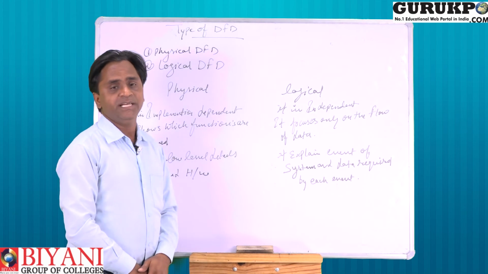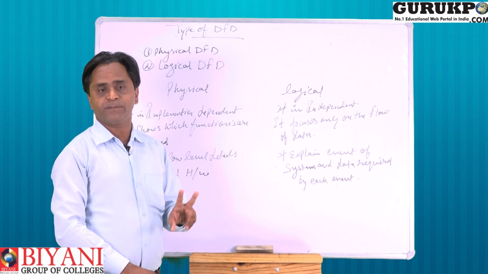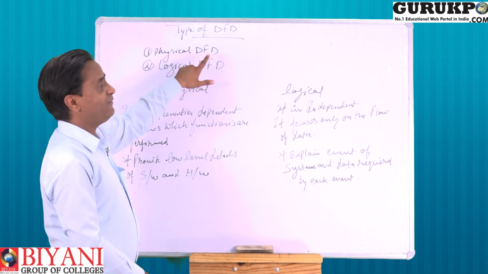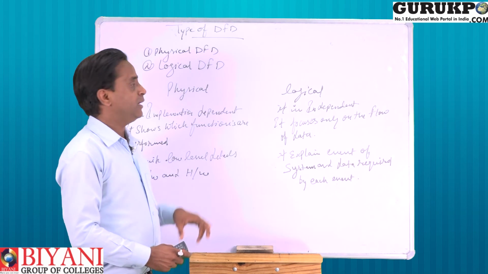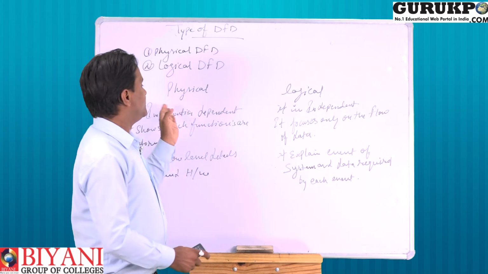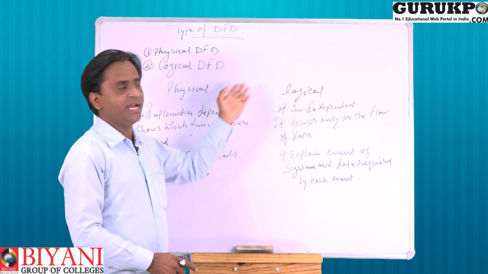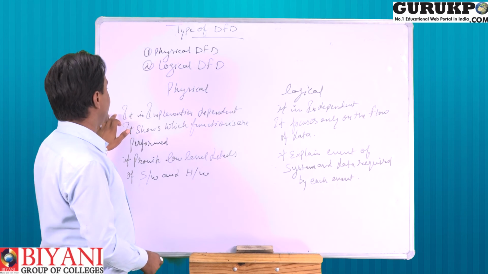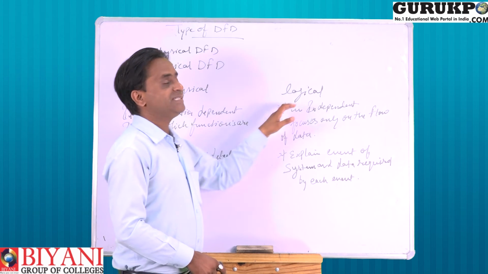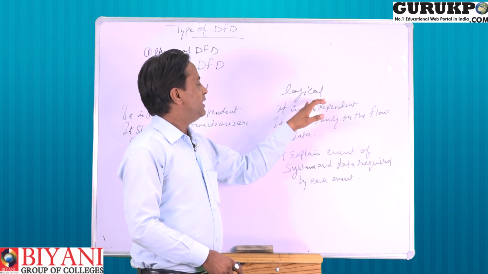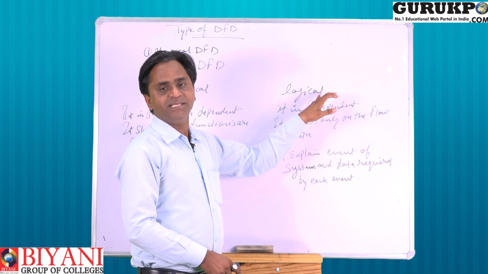Types of DFD: there are two types, physical DFD and logical DFD. We have to differentiate between physical DFD and logical DFD. Physical DFD is implementation dependent, and logical DFD is independent.